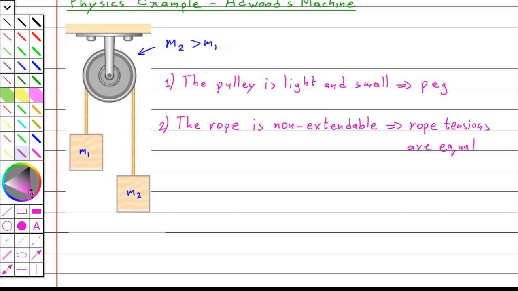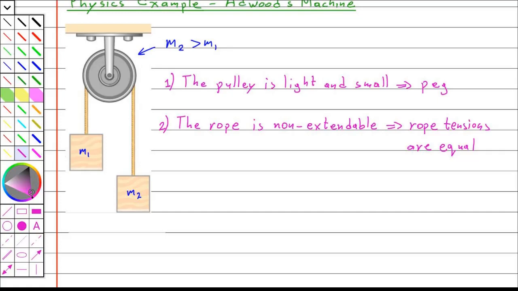Before we start any relationship derivation, we must place all the forces on this diagram. This is another piece of advice that I give to pupils and students. When you are given a diagram in your examination, you place all the forces on that diagram. You do not need to produce your own diagram on your piece of paper.